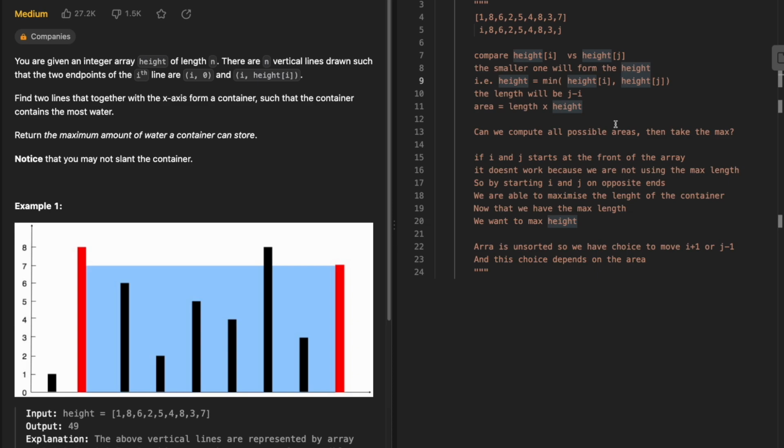And then at any point in time, when we are at the exterior, we want to ensure that the height is as maximum as possible. So assuming that in this case 1, 8, 5, 7, you have 1 and this, correct? And then what we want to do now is increment i.